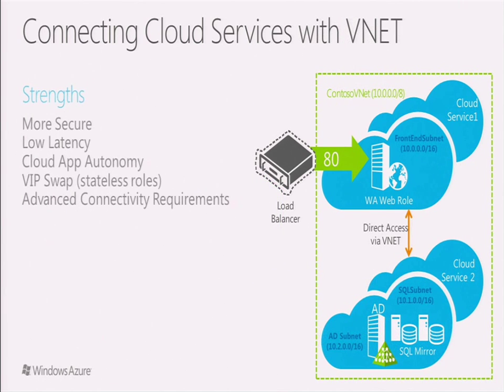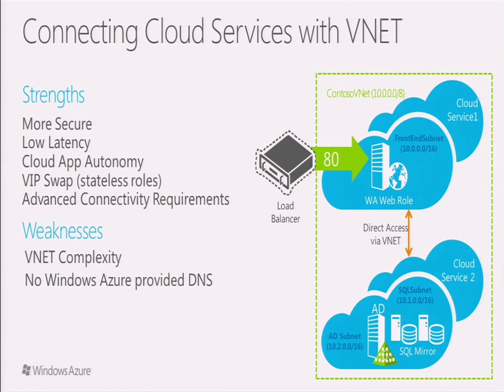The other way to do it might be to put them both on the same virtual network. So now I can go and define a virtual network and essentially plug my PaaS stuff into that virtual network, as well as my IaaS stuff into that virtual network. And because they're part of the same network, they automatically have that connectivity. Now, to do that, there's a little bit more complexity in configuring your virtual network settings, but it is possible.